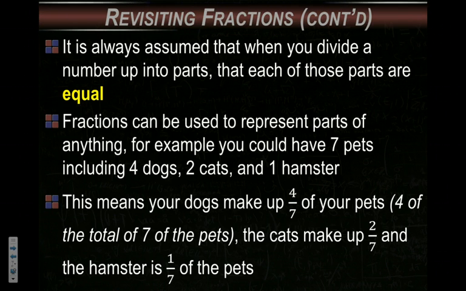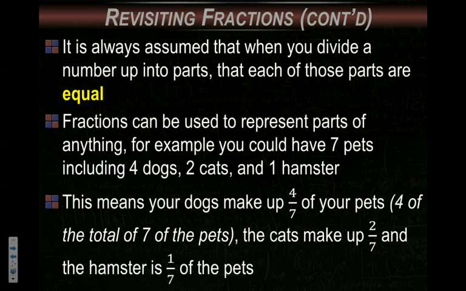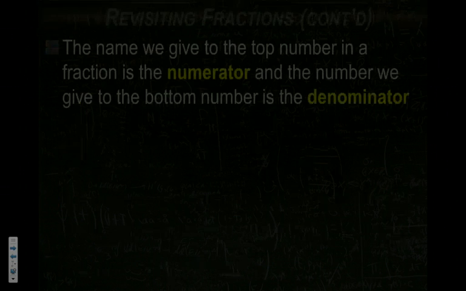So fractions can be applied to all kinds of things. Anything, essentially. Numbers represent things, right? When you use numbers, you're using them to represent measurements when you're building a fence, or the number of things you're measuring when you're working on a car engine or something like that. There's tons of different things that fractions can be used for to represent parts of a whole.